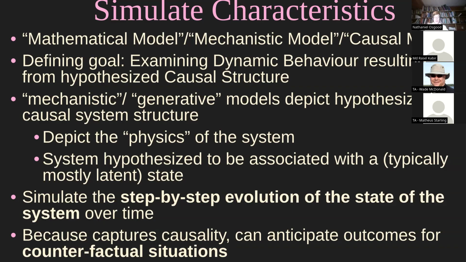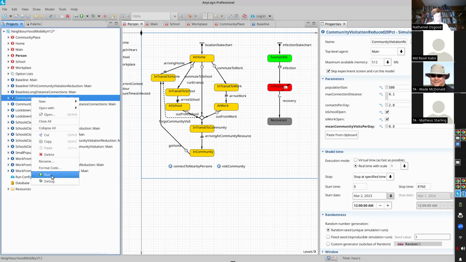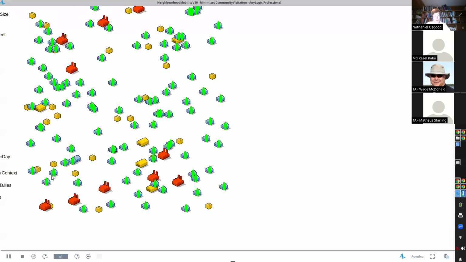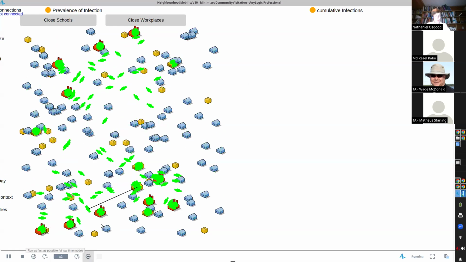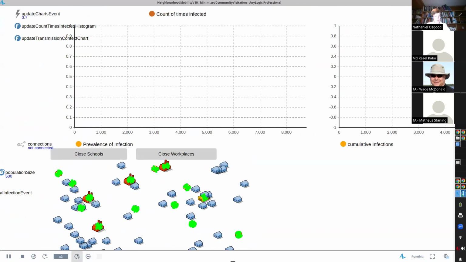But the point is, you're simulating how the state of the system evolves over time as successive things happen. People are in these states, they're at these locations, they're changing over time, they're exhibiting this behavior at home, they're in this infection state, certain agents have died, etc.